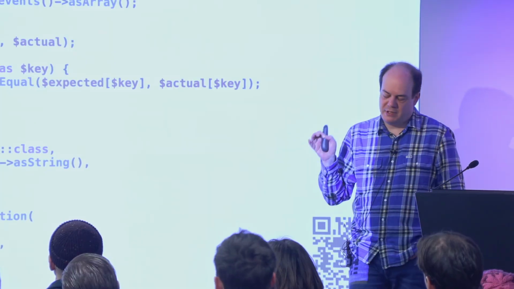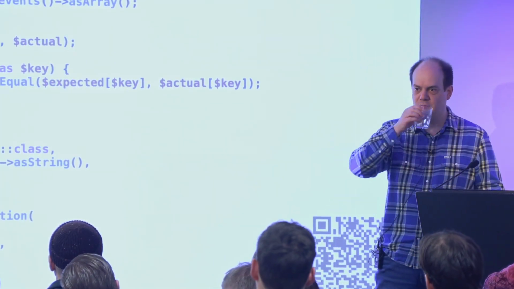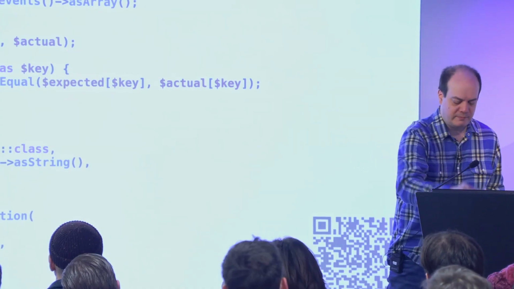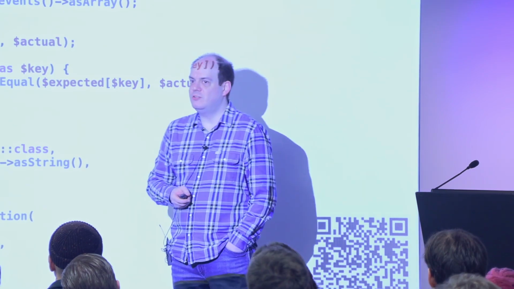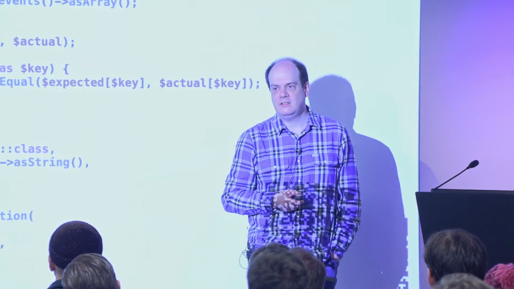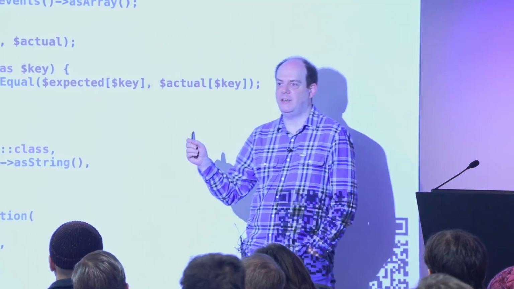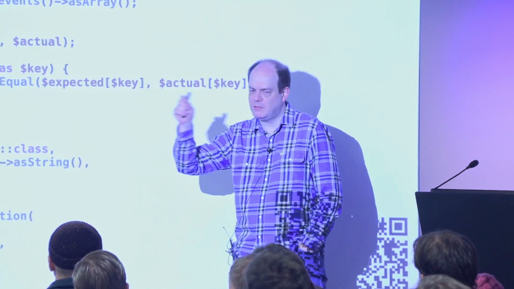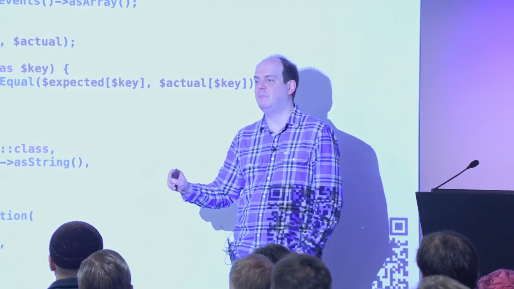There's a method in PHPUnit's framework test case that is called provide additional information. And it is really boring in the sense that it does exactly what the name suggests. You give it a string, and what the format, the markup, the structure, the meaning of that string is, is up to you.